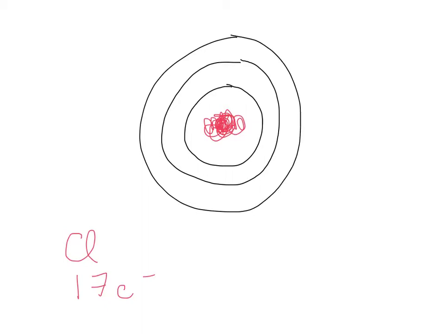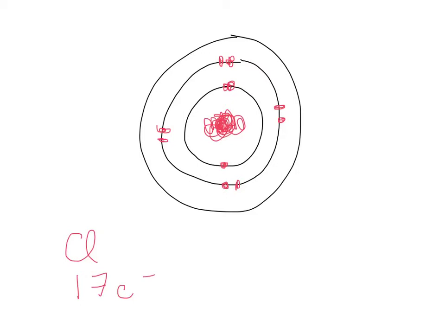So let's start adding our electrons. The first shell with only one orbital can only carry 2 electrons. The second shell can carry a total of 8. I should have used a different color because these are negatively charged, so don't get mixed up with my colors.